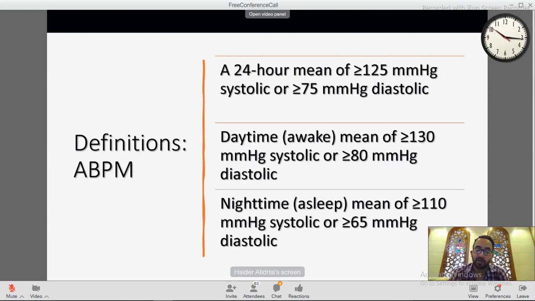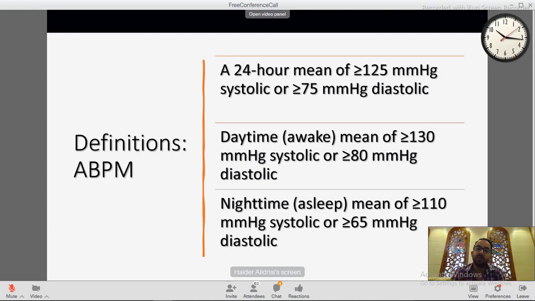The nighttime readings of blood pressure are usually low, and this is a normal phenomenon. If you have an increase in the nighttime blood pressure, even at normal levels, this should be taken seriously and considered hypertension.